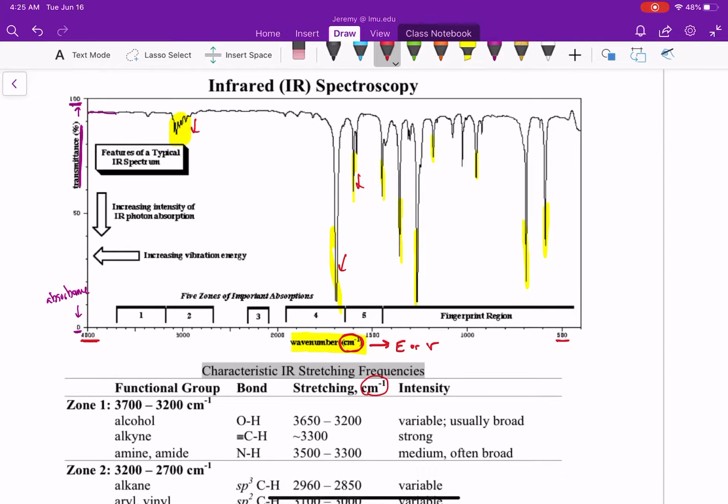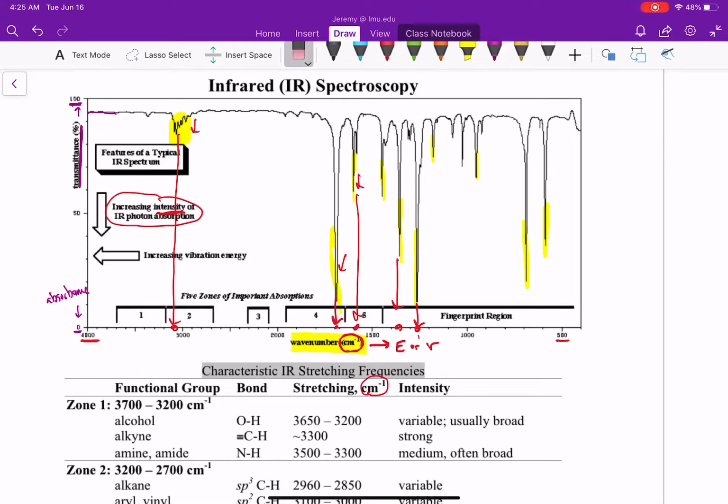So this is what a typical spectrum looks like. We're looking for absorbance. We can see the intensity by how large the peak is, but most important is where these peaks actually absorb. We'll be looking at these values here for what energy is absorbed.